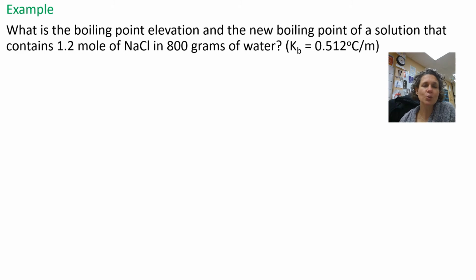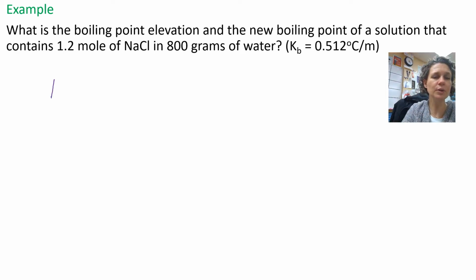So the question is, what is the boiling point elevation and the new boiling point of a solution that contains 1.2 moles of NaCl in 800 grams of water? Okay, so first thing we need to find boiling point elevation is delta TB, and that is KB times m times i.